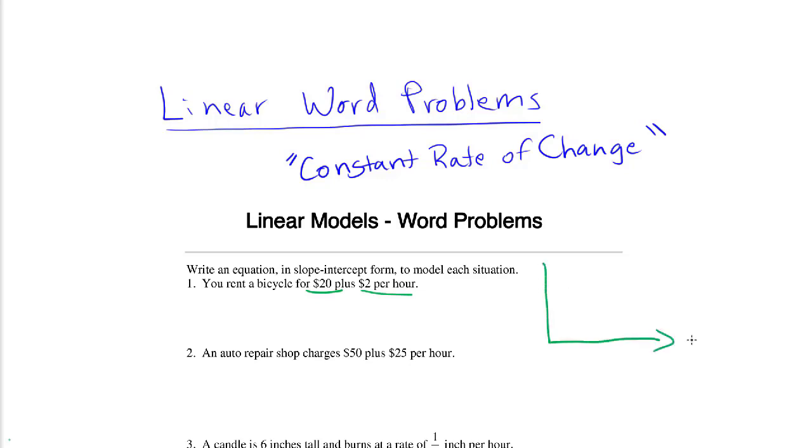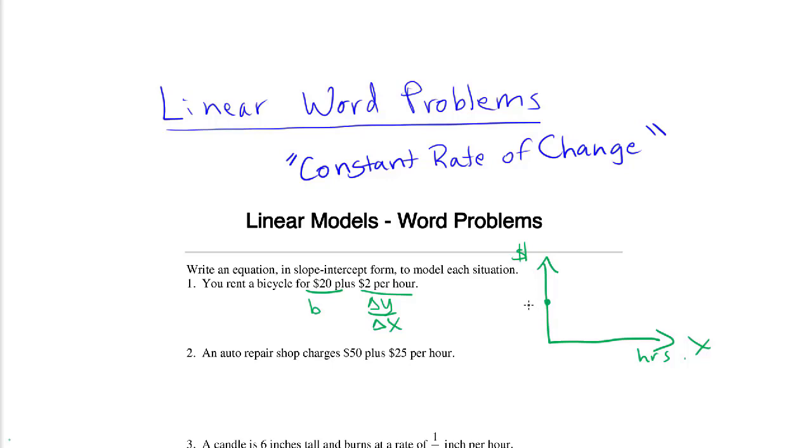Essentially, our x variable here is hours. It's time. Our y variable is the entire cost in dollars. So what do we know? It's $2 per hour. That's our delta y, our change in dollars, per unit change in time, which is per hour. And $20 represents the initial, our b, our initial or y-intercept cost.